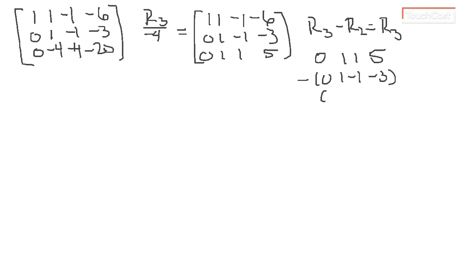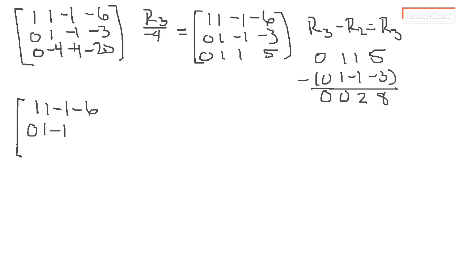So I'm going to have 0, 0, 2, 8. So my new matrix is going to be 1, 1, negative 1, negative 6, 0, 1, negative 3, and 0, 0, 2, 8. I have one more step to get into row echelon form.